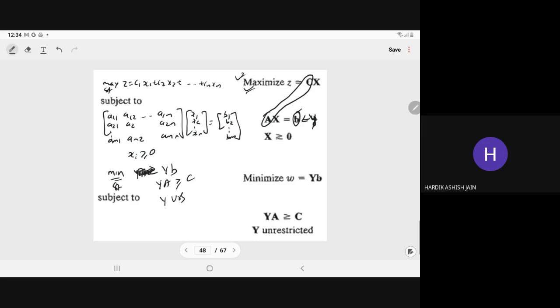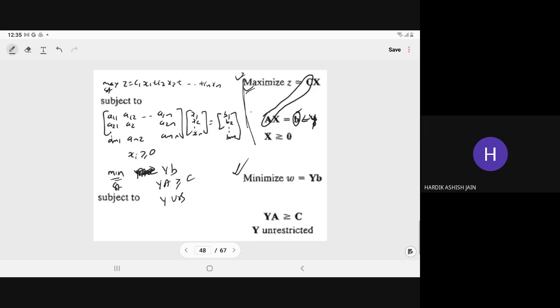Clear? For the given primal, this is your dual: minimize w = yb subject to yA ≥ c and y unrestricted in sign. Is there any doubt in writing this? Because I have to use this result.